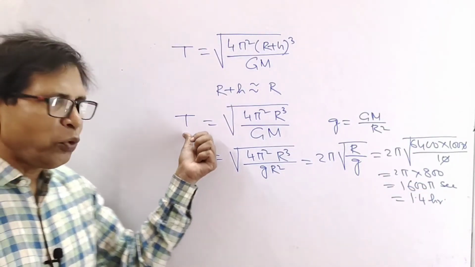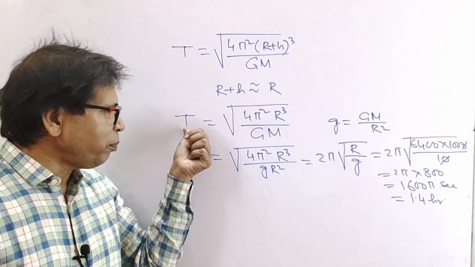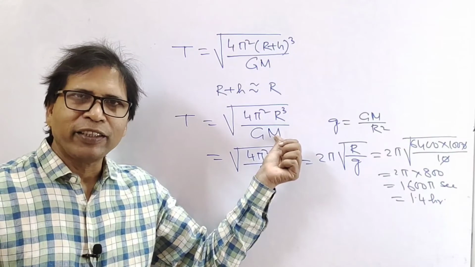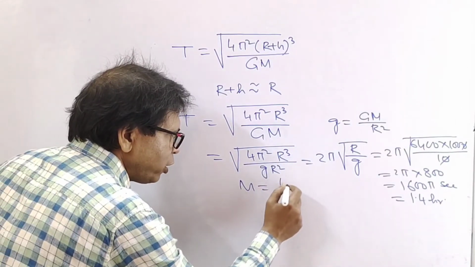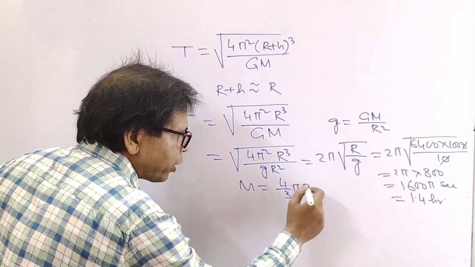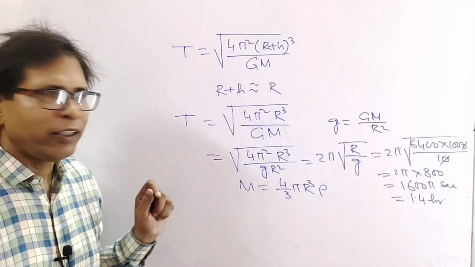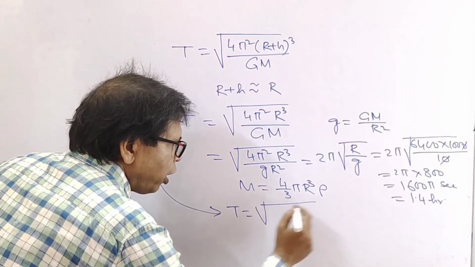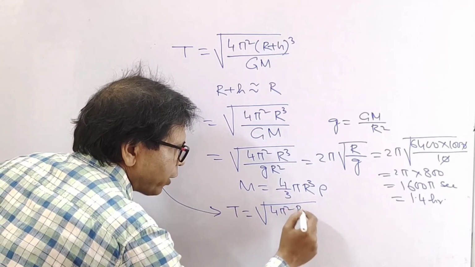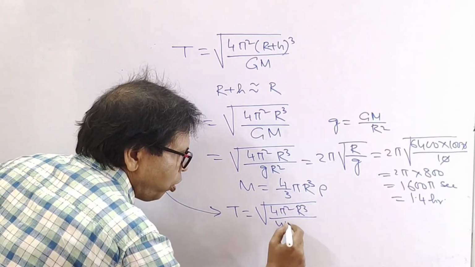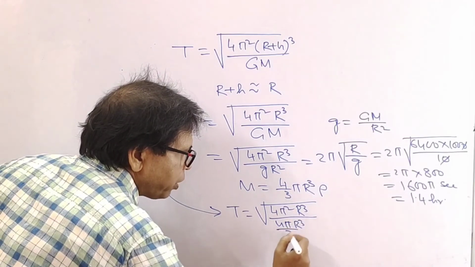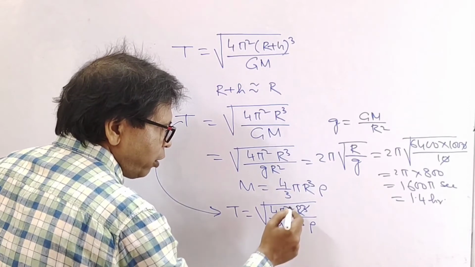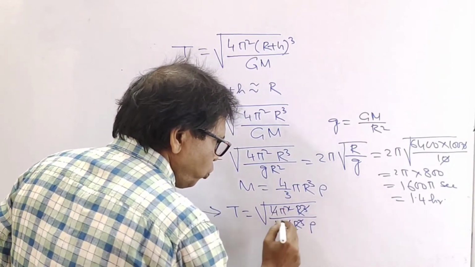Now we have to establish the relation between the period of revolution of a satellite and the mean density of the earth. We know the mass of the earth is 4/3 πR³ × mean density of the earth. If we put this value here, we get T = √(4π²R³ / (G × 4πR³ρ/3)). R³ cancels out, π cancels out, 4 cancels out.